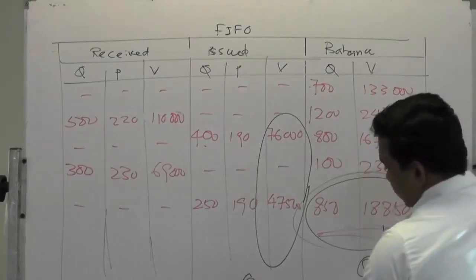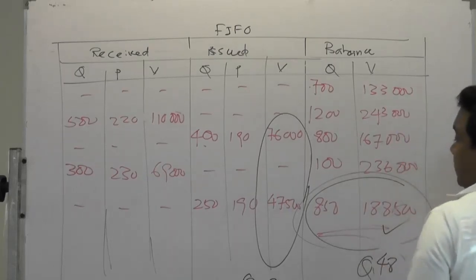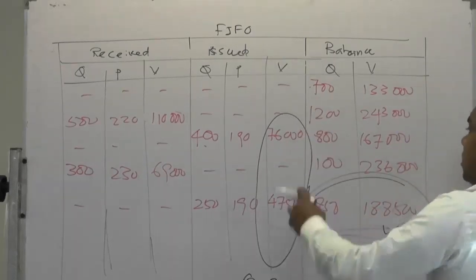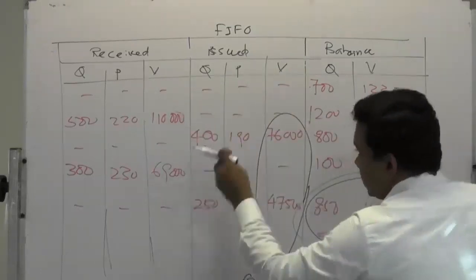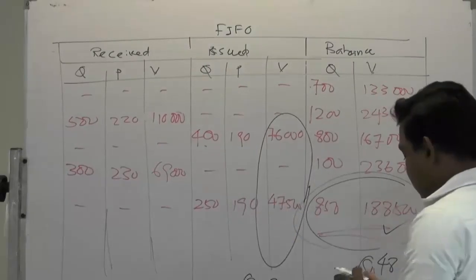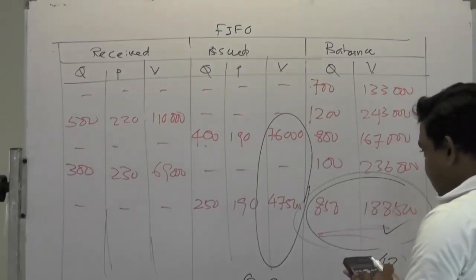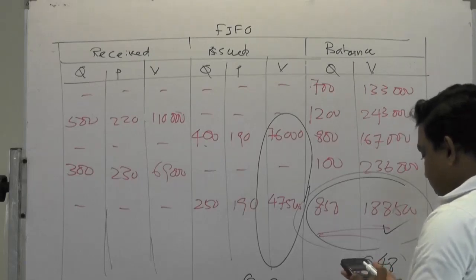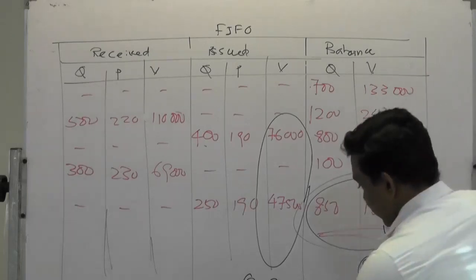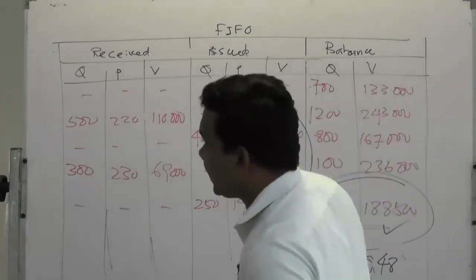This is for question 49, right? Cost of sale means cost of the items issued, because you sold them. The sum of these two. Let's see the value. 76,000 plus 47,500, 123,500.